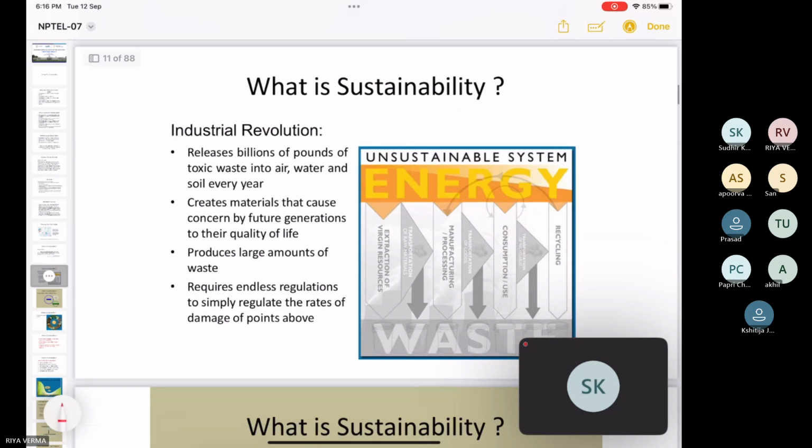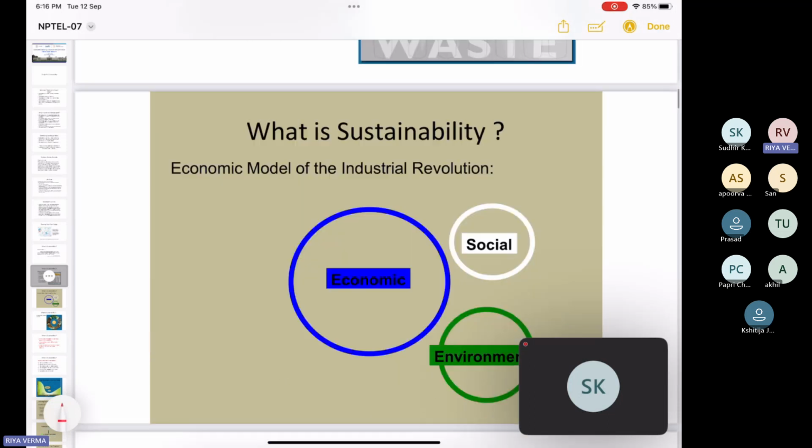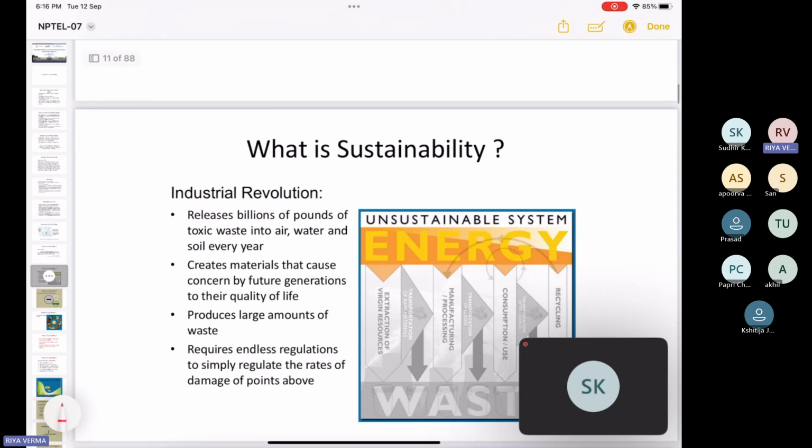Now, during the industrial revolution, what happened? How did we reach sustainability? This is a typical flow of what is in the sustainable ecosystem.